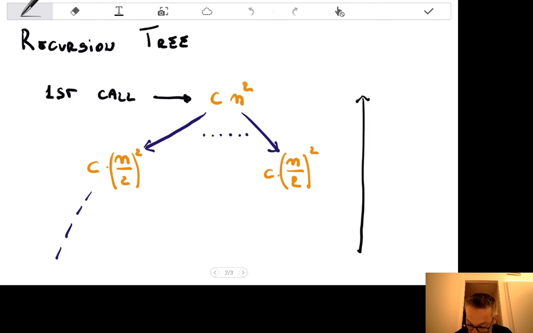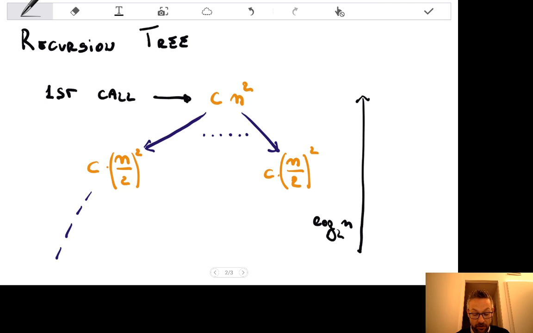Logarithmic. So the height of the tree is logarithmic base 2 with respect to n. Okay? So now we have built a recursion tree.